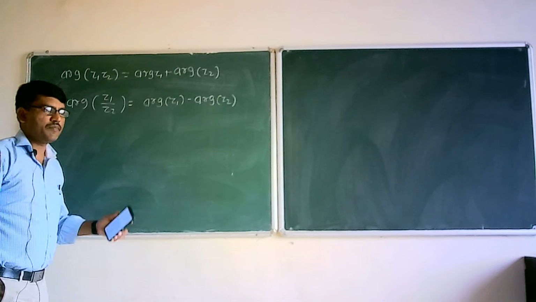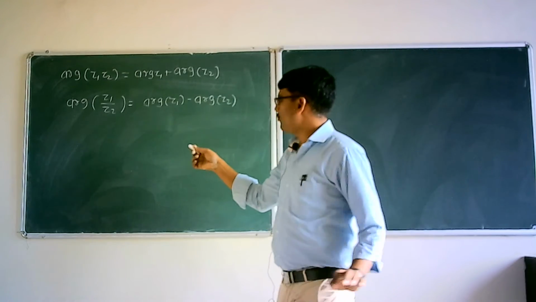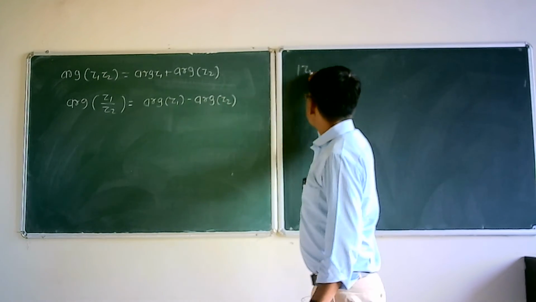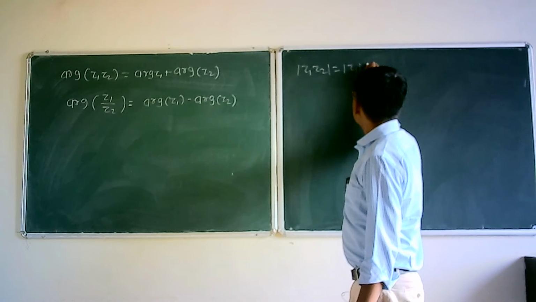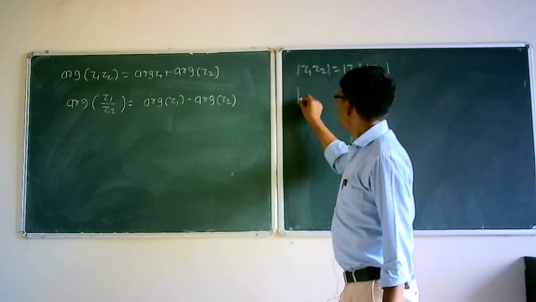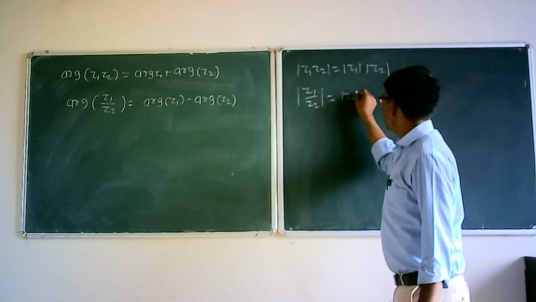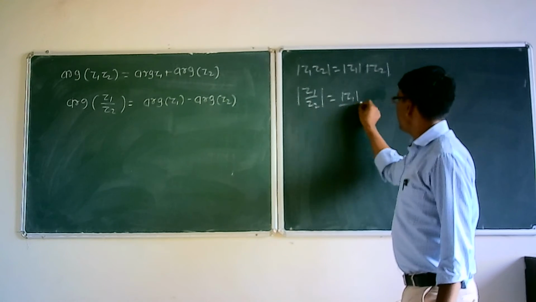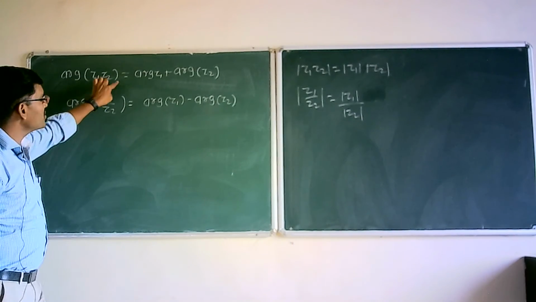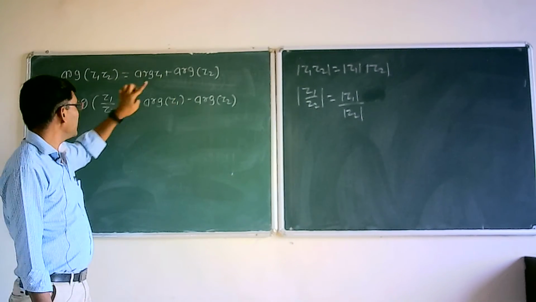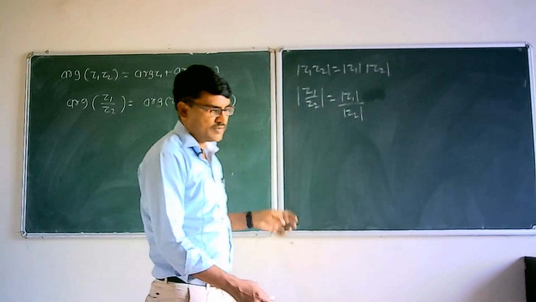Okay, so do you remember these two properties? What is it for modulus? Mod of z1 z2 is equal to mod of z1 times mod of z2, and mod of z1 divided by z2 is equal to mod of z1 divided by mod of z2. So for argument, z1 z2 is equal to argument of z1 plus argument of z2, and argument of z1 by z2 is equal to argument of z1 minus argument of z2.